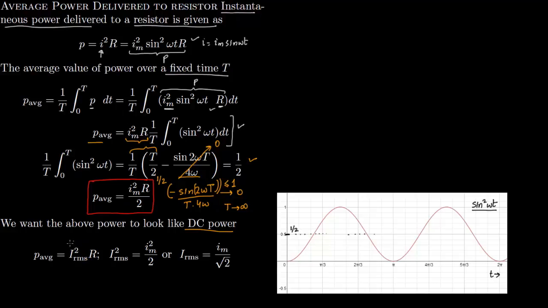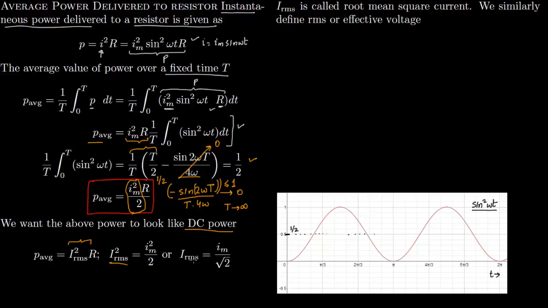So we replace Im square by 2 with I square RMS, that is, I square RMS is equal to I square maximum divided by 2. Then take the root of both sides: I RMS is equal to the maximum value of the current divided by root 2. This I RMS is called the root mean square current.